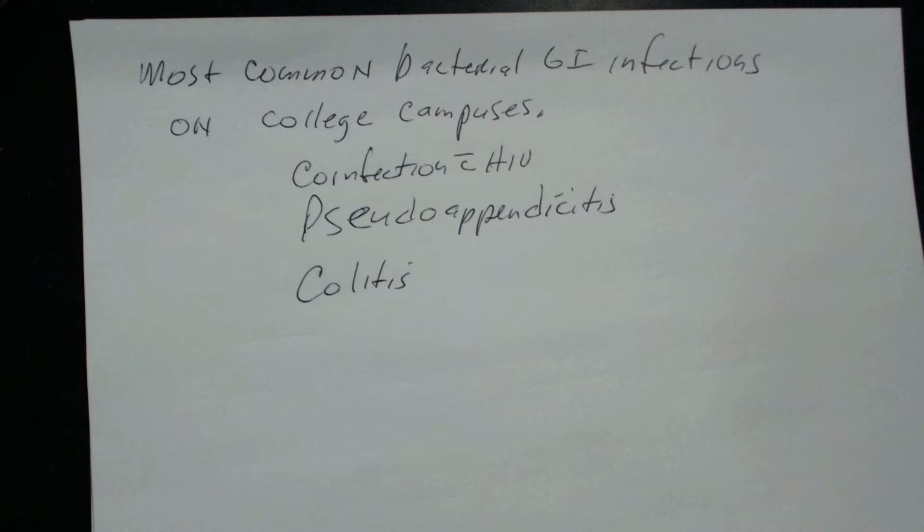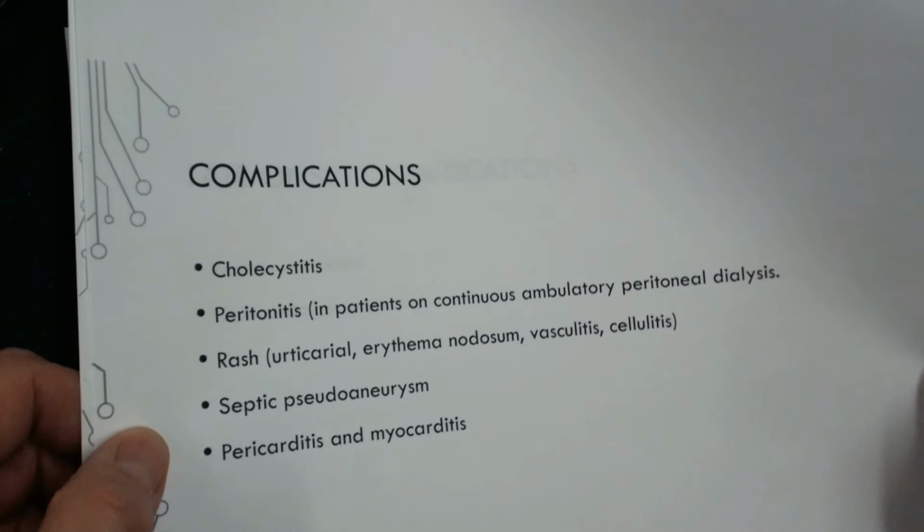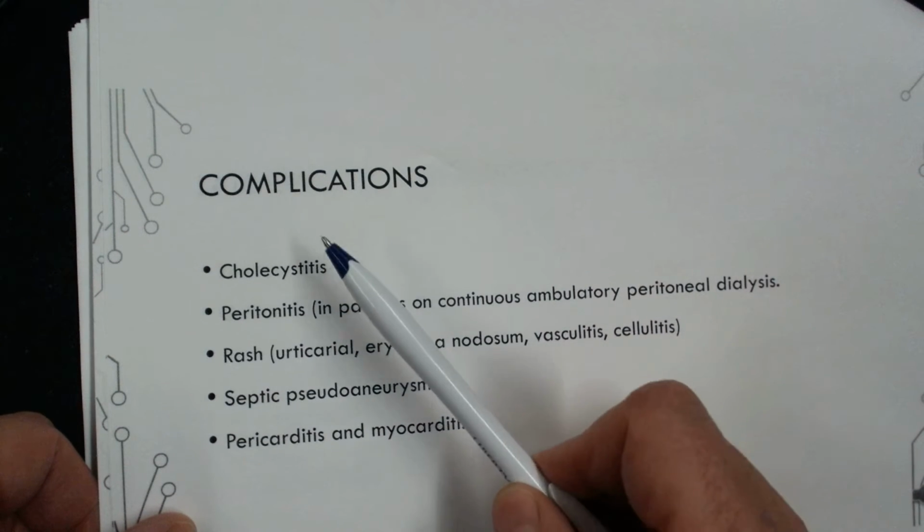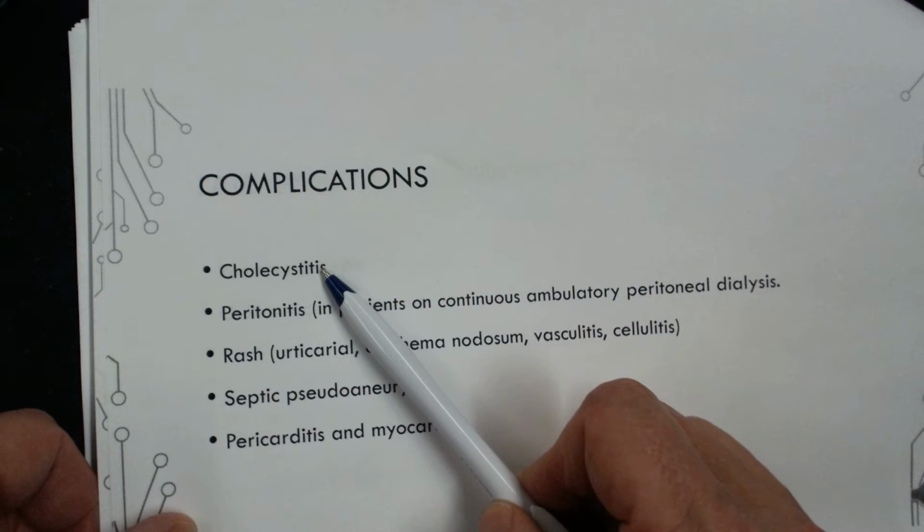Organism tends to run its course, tends to usually not require treatment. Complications are rare, but if they do occur, you may have cholecystitis, so infection of the bile duct and the gallbladder.